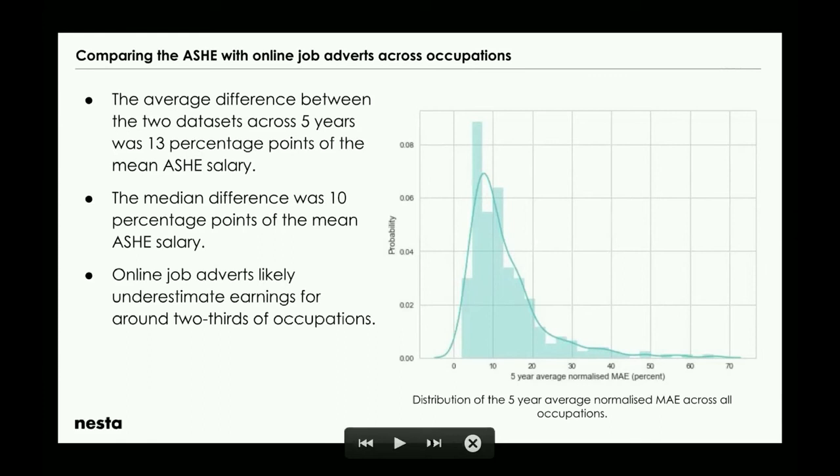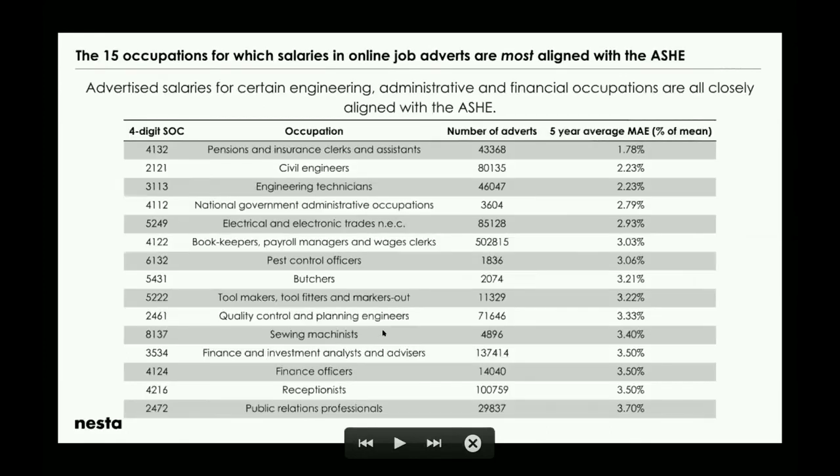If we drill down a bit more and understand which occupations did better and which did worse, these are the occupations whose salaries in online job adverts were the most aligned with the official statistics.